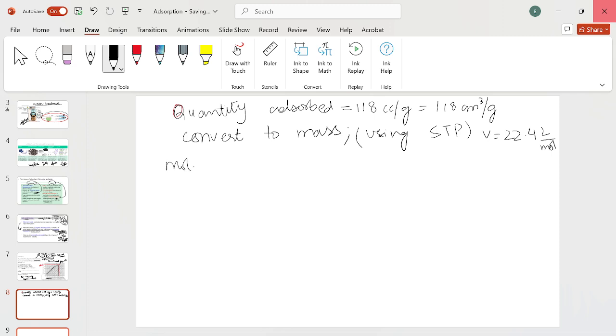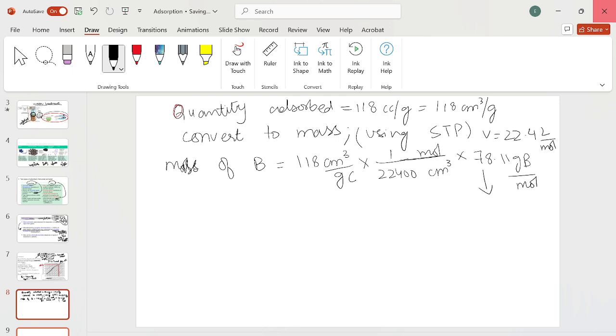So mass of benzene is equal to 118 centimeter cube per gram of carbon, into, we will just convert the liter to centimeter cube for the unit cancellation, and multiply with the molar mass of benzene.